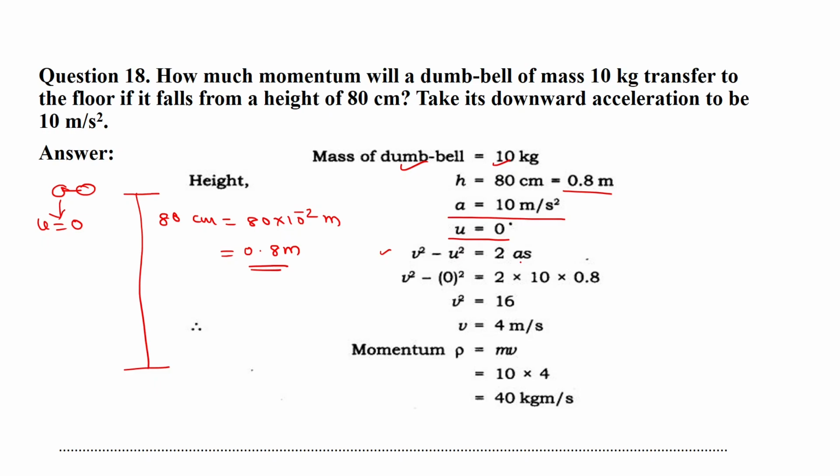So we will do the simple multiplication, v square minus 0 square, 0 square is 0, so it will be v square. This multiplication is simply 2 multiplied by 10 into 0.8, it will be 8. 8 into 2, 16. So it is the value of v square.